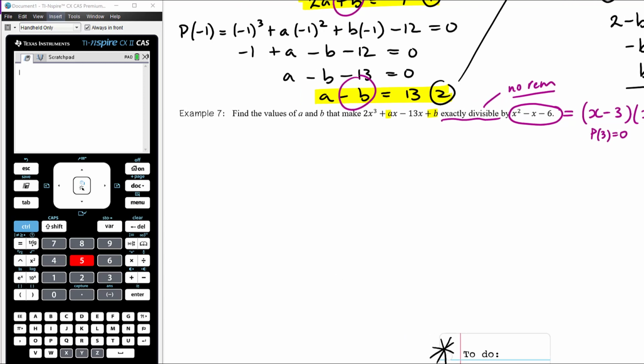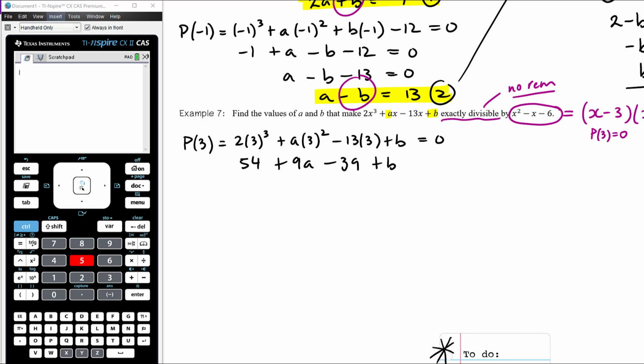Okay, so we know that p of 3 equals 0, so let's work out p of 3. So 2 times 3 cubed plus a times 3 squared minus 13 times 3 plus b, we know that has to equal 0. So 3 cubed is 27 times 2 is 54. 3 squared is 9 times a. 13 times 3, 39.